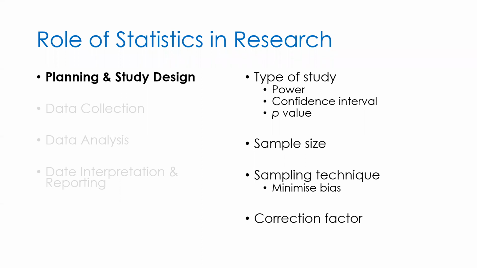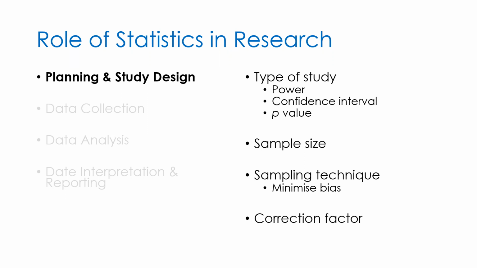The minimum acceptable power is 80, and that's what will give you the 95% confidence interval. And the higher the power of your study, the more conclusive will be your findings.